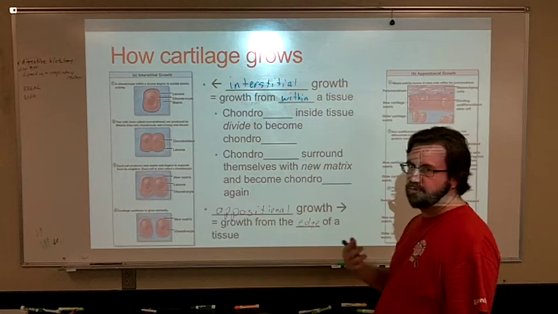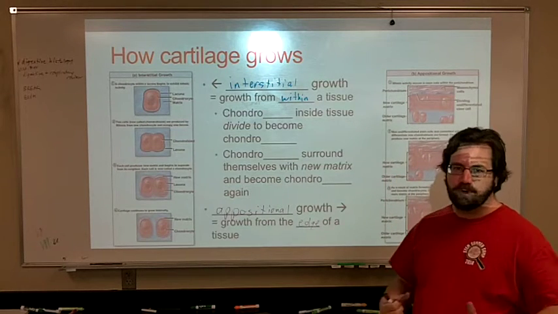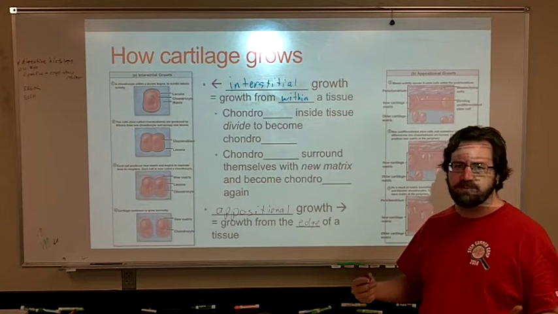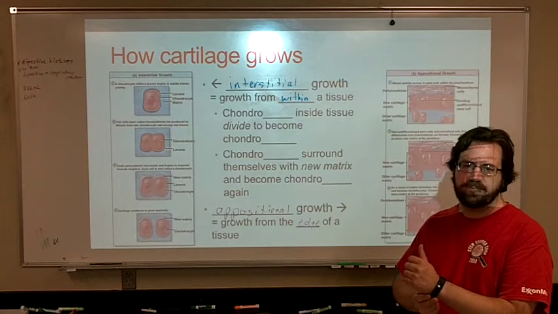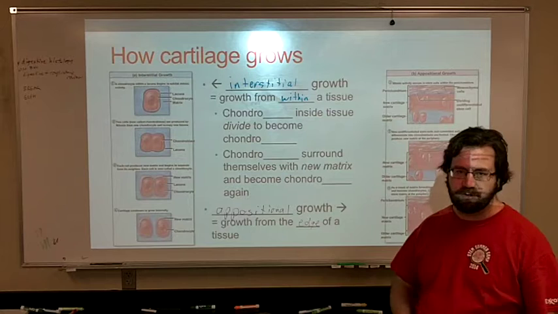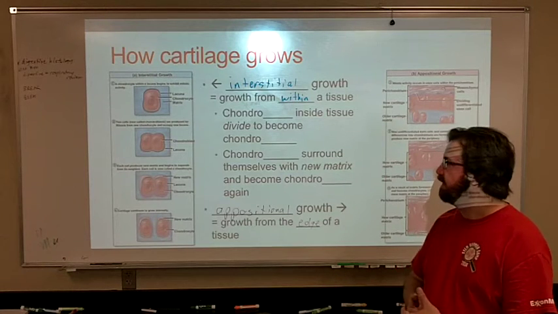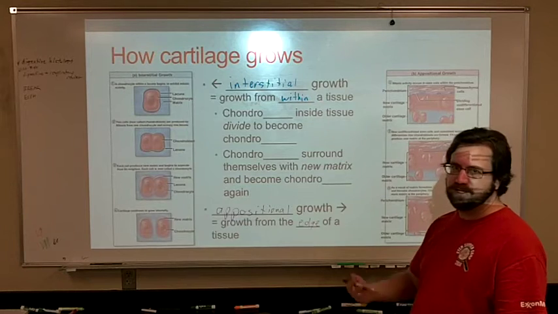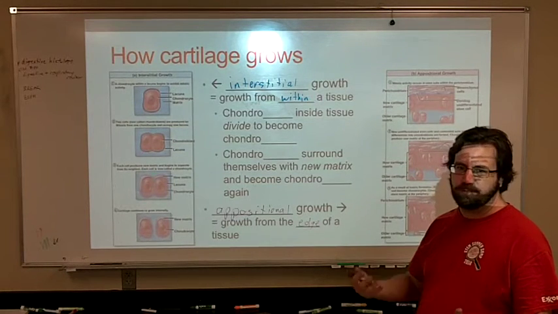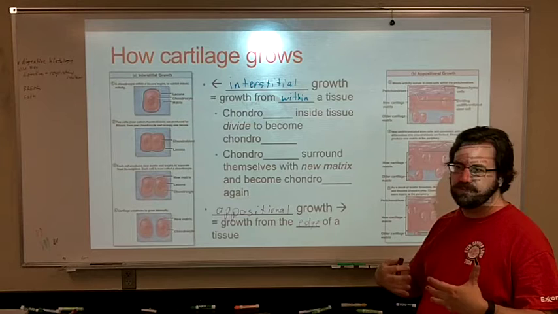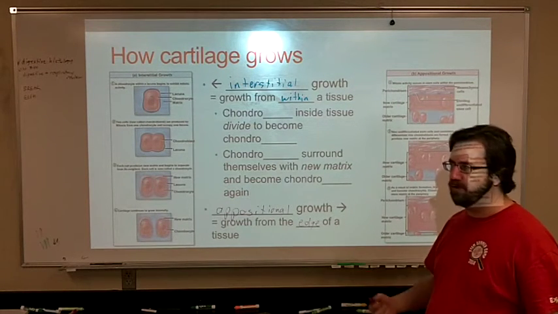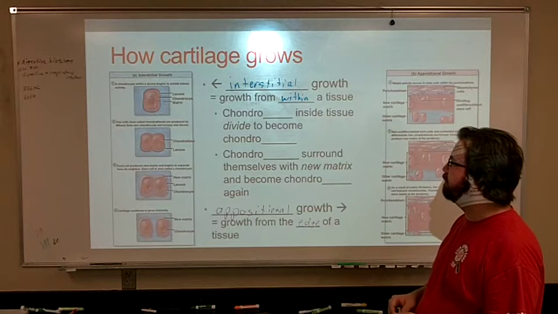So how cartilage grows and how cartilage forms in the womb are basically the same thing, because cartilage does not grow very much in adults. In fact, it doesn't grow at all in adults. It doesn't grow very much in children. So the initial formation of cartilage from chondroblasts and the enlargement of the cartilage as the baby, the child grows, are about the same process.